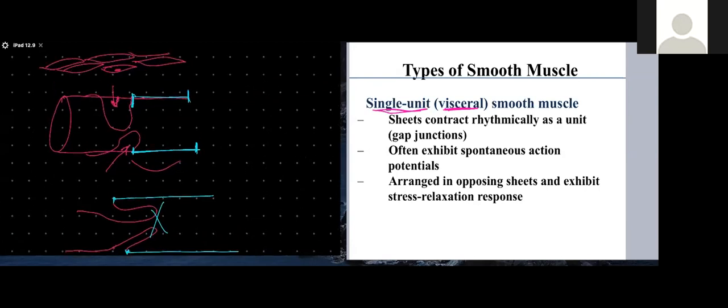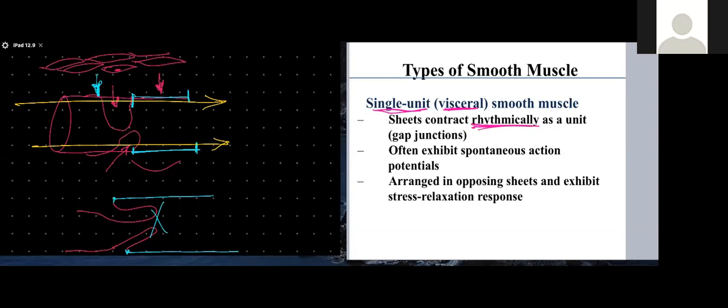So you don't want to have contraction of one part which is not going to be followed by a contraction in the rest of the intestines. You need the signal that enhances the muscles to contract to travel to all smooth muscles located in the intestine for them to create a rhythmic contraction.